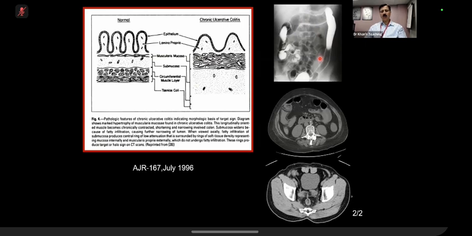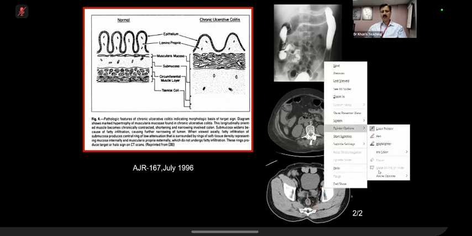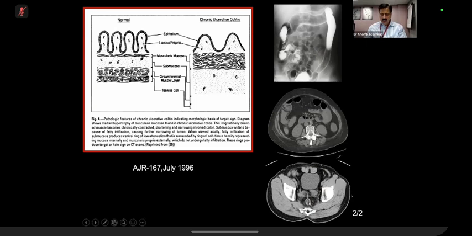And on cross-sectional imaging, as in a CT scan, look at this rectum. You can see that there is a fatty layer, and there is a submucosa, and then is the muscularis propria.